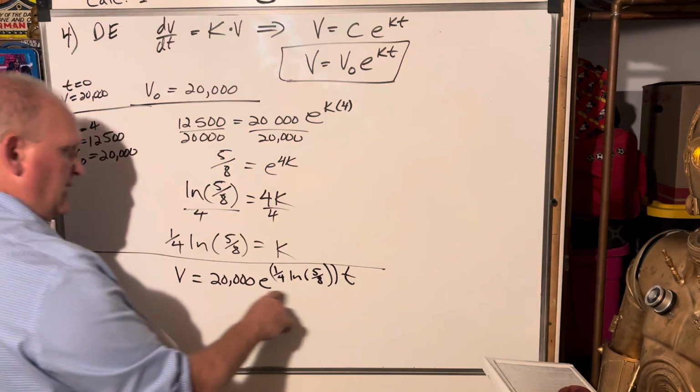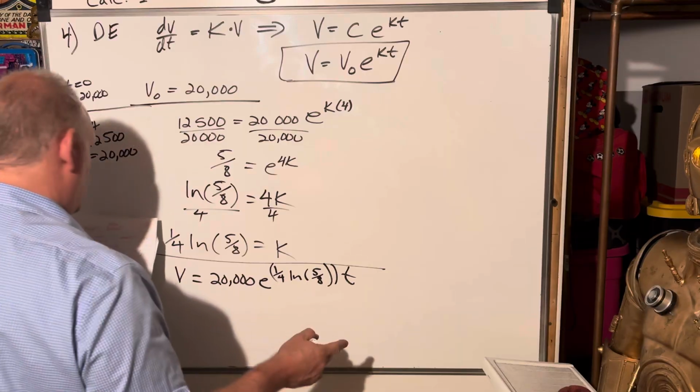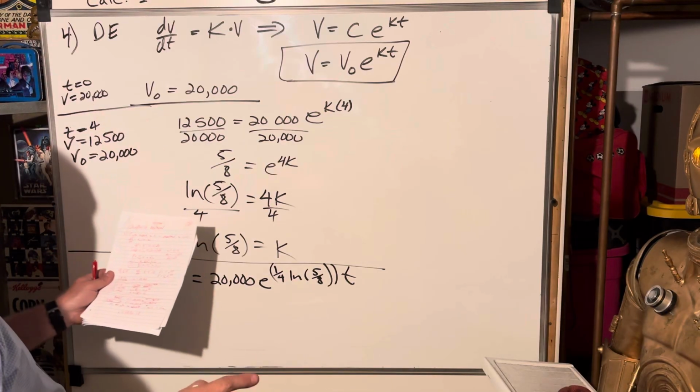So if I didn't have a calculator on the test, this would be what I would put down for an answer. But then they want me to go one step further.